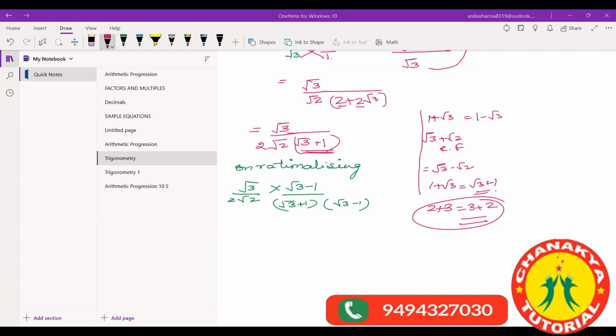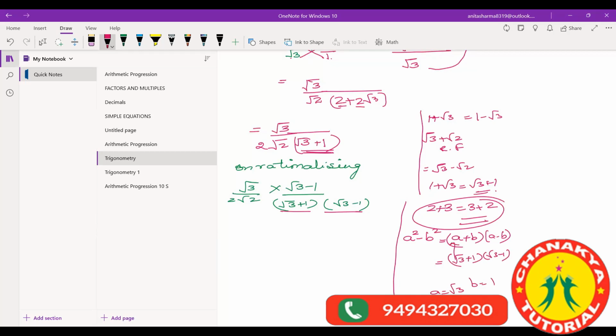And one more thing, see your denominator part, root 3 plus 1 and root 3 minus 1. Do you remember the identity a square minus b square equals a plus b into a minus b? Observing root 3 plus 1 and root 3 minus 1, the value of a will be root 3 and the value of b will be 1.